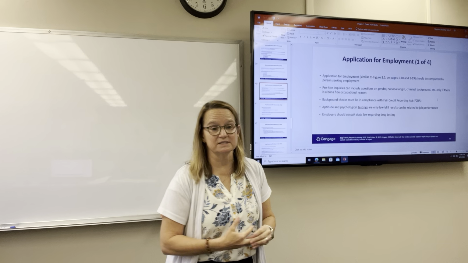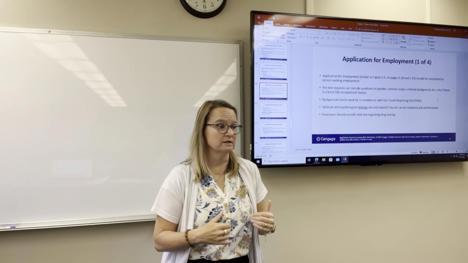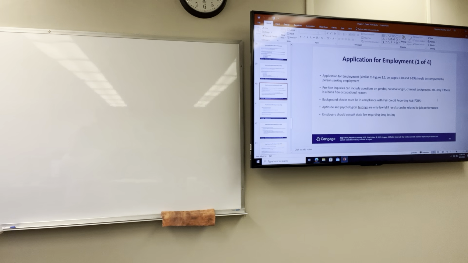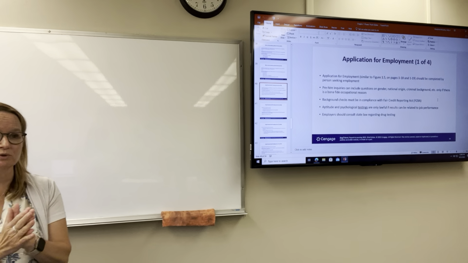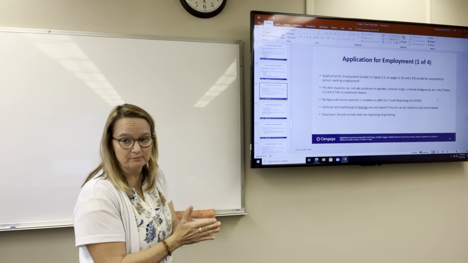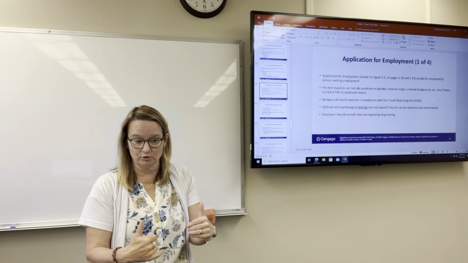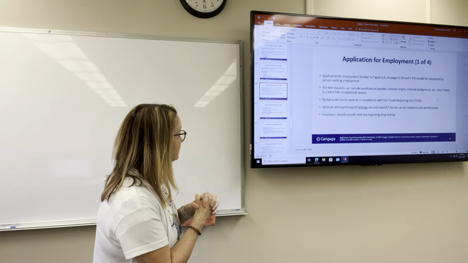Criminal background, obviously there are certain occupations where individuals with certain criminal backgrounds are not allowed to hold those positions. Accounting might be one of those, right? In the payroll department, because employees are privy to such sensitive information, there could certainly be some restrictions on criminal background checks and things of that nature.